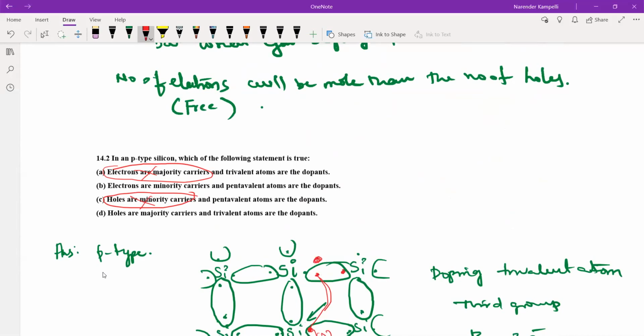Electrons are minority carriers, so this is right. Holes are majority carriers, this is right. Pentavalent atoms are dopants is wrong, because a pentavalent atom is not the dopant. You have to dope with a trivalent atom. So the answer is option D.